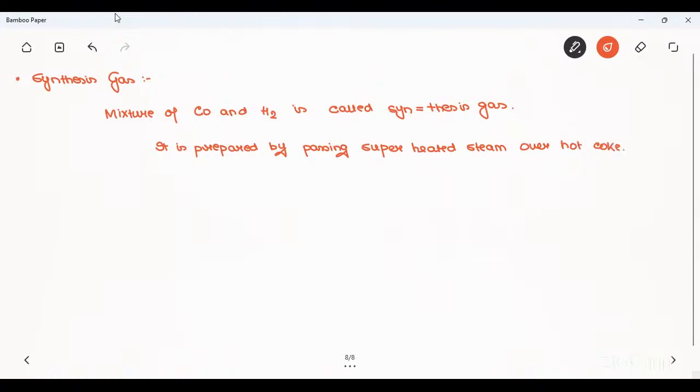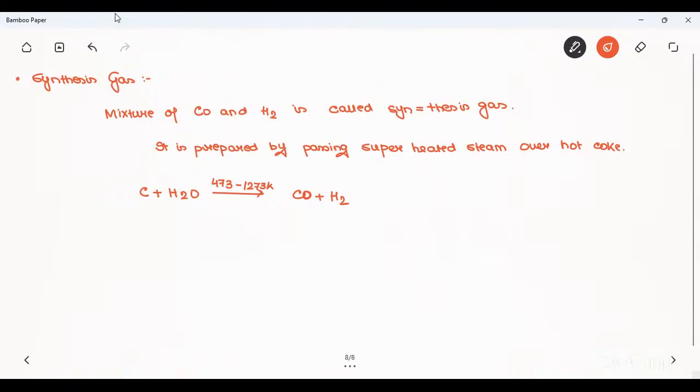So C plus H2O at 473 to 1273 Kelvin results in the formation of CO and H2. This is the main thing, and this is the question that has come in your exams.